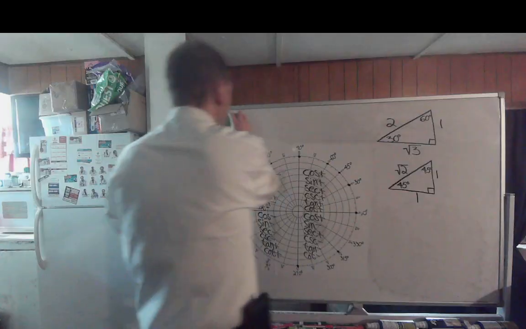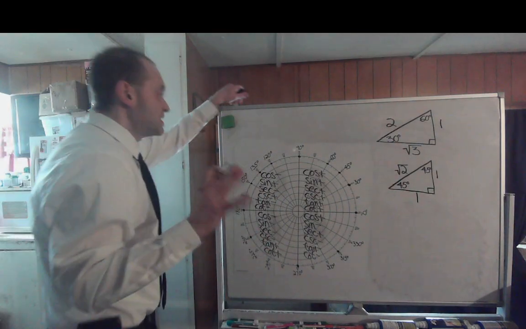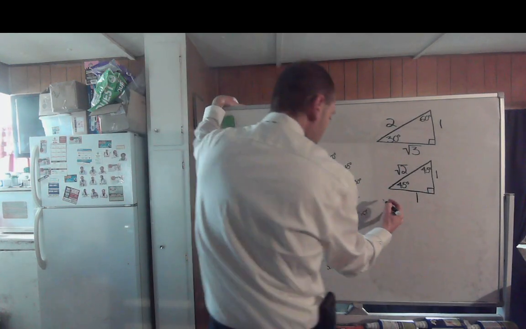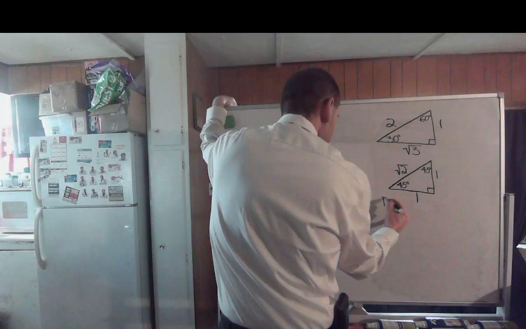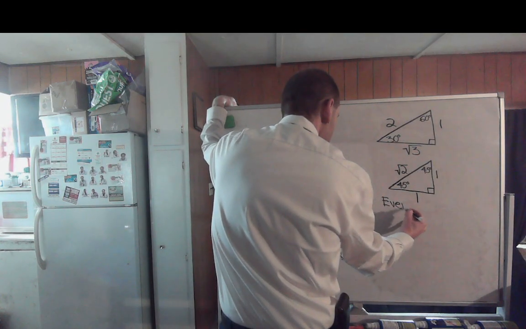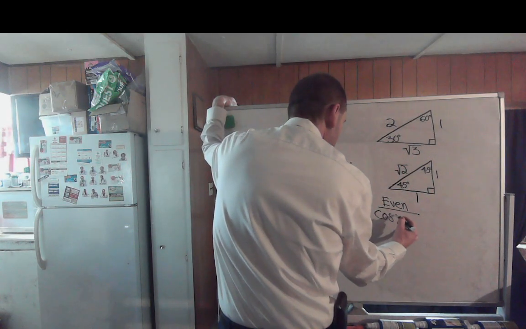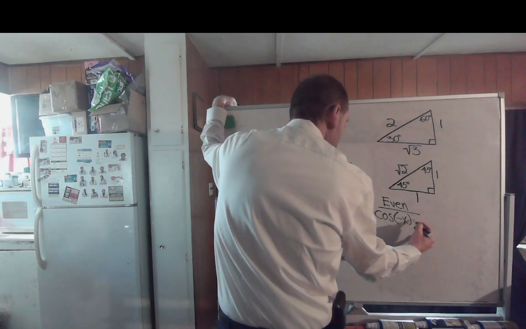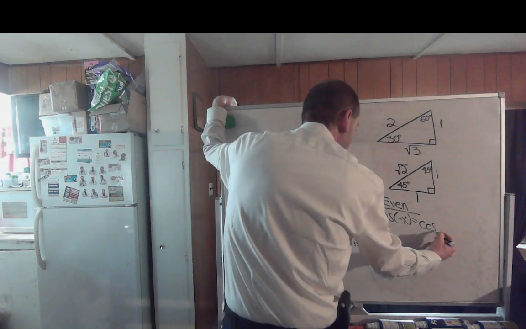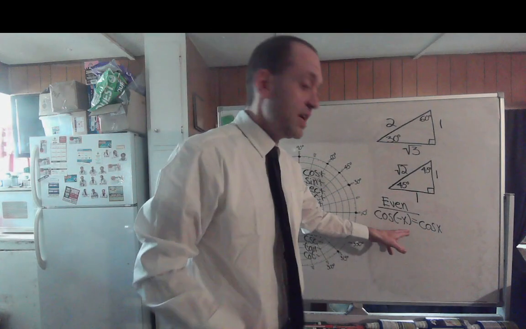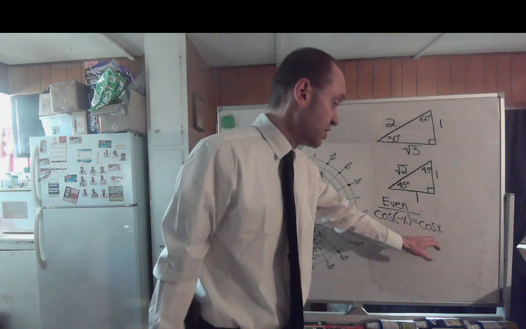Let's keep those up a minute, all right? So let's say, for example here, even functions, we have the cosine of negative x equals the cosine of x. So if you take the cosine of negative x, that's equal to just the cosine of x.